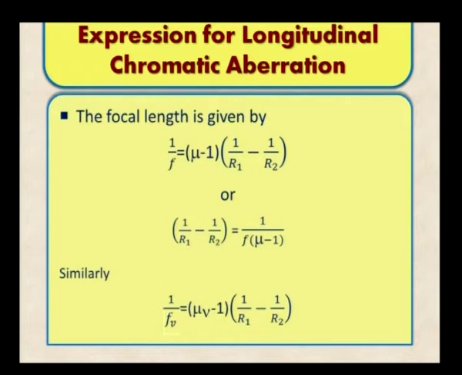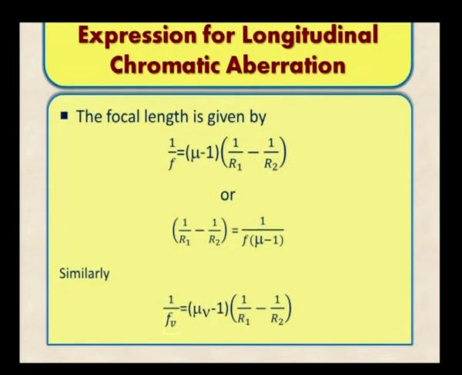They are the radii of curvature of the two surfaces. You have a surface here and you have another surface. You see the convex lens here, it is a thick lens having radii of curvature r1 and r2 for the two surfaces, and this can be written as 1 by r1 minus 1 by r2 will be equal to this one.